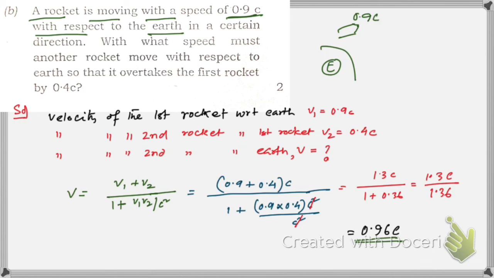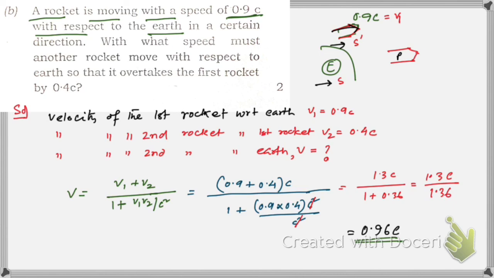Let me take this as v1, and suppose earth is your frame of reference S, and the first rocket is the frame of reference S dash. As we have just solved the previous problem on the relativistic law of addition of velocities, you can consider the next rocket as the particle P, which is moving with velocity v.